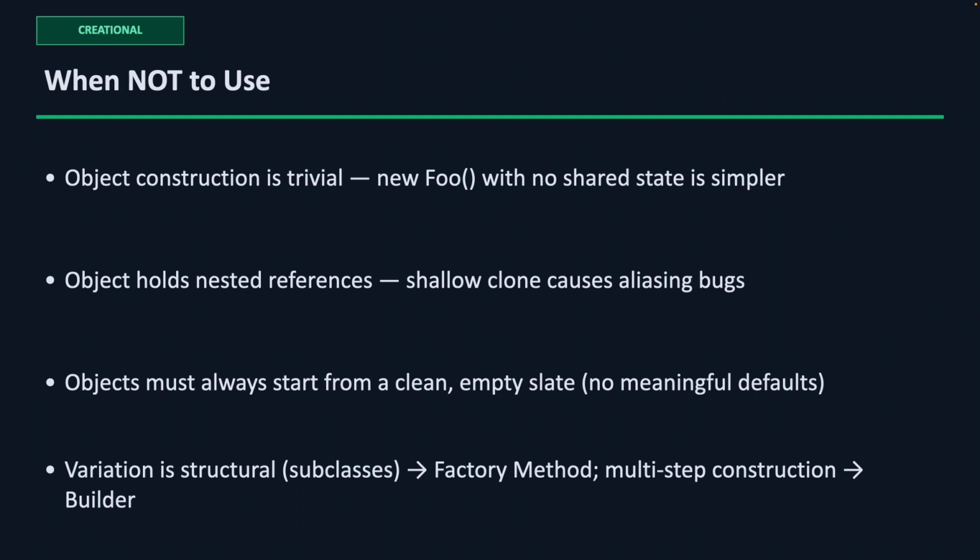If the shallow copy semantics are wrong, if the object holds nested references like arrays and nested objects, and cloning copies the reference, not the object, then two independent clones can share the same nested data, which can lead to some aliasing bugs.